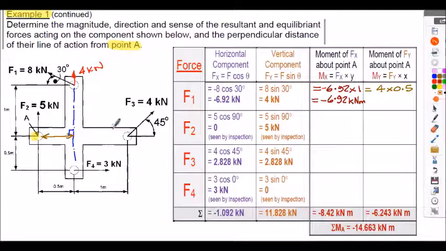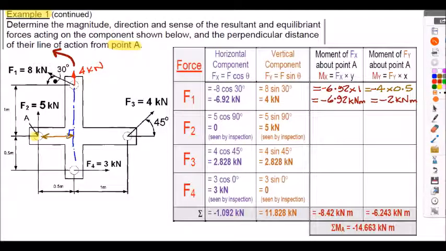Well, this force multiplied by this distance will have a sense this way. So about point A, it will be an anti-clockwise moment. Again, we must add the negative into our calculation here. So evaluating negative 4 multiplied by 0.5, that's negative 2 kilonewton meters.